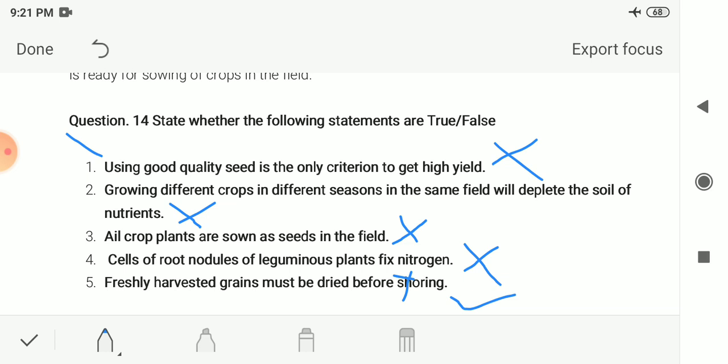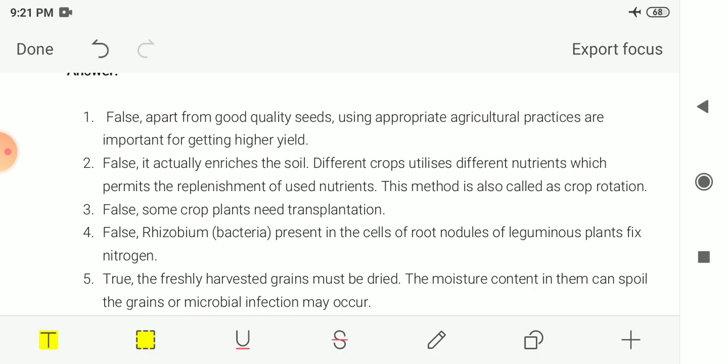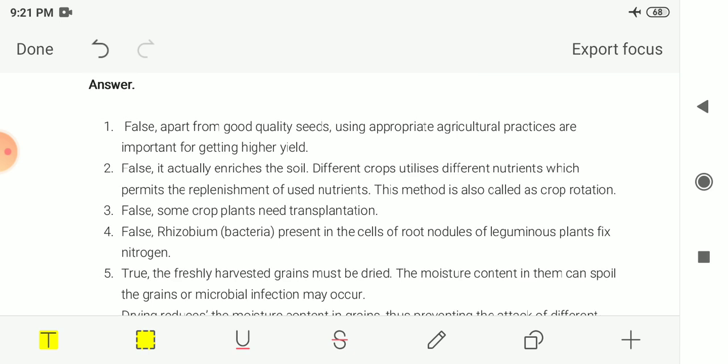That's why drying reduces the moisture content in the grains, and thus it prevents the attack of different organisms. So it is needed to dry the grain before storing. Here the answers of this true or false are given to you, as well as the reasons are also given to you. You can check it from here.